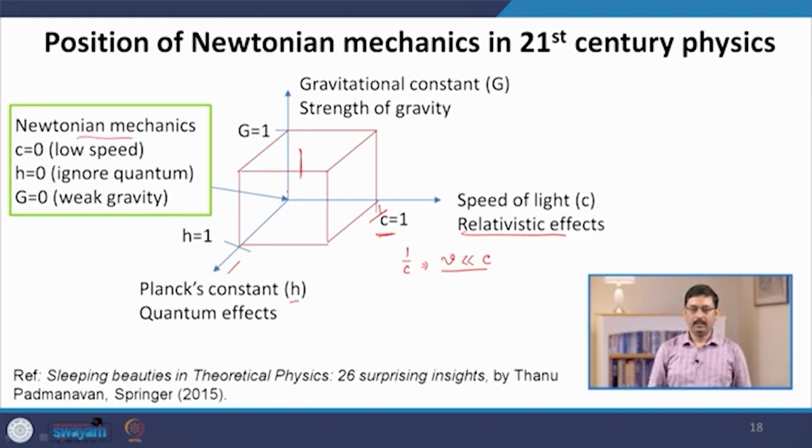In this case, the gravitational attraction cannot be accurately described by Newton's law. You have to go to Einstein's general theory of relativity.